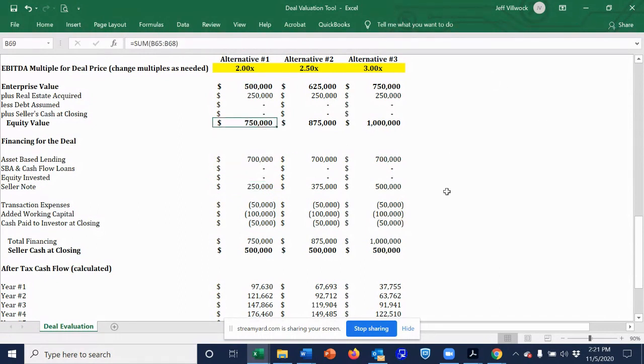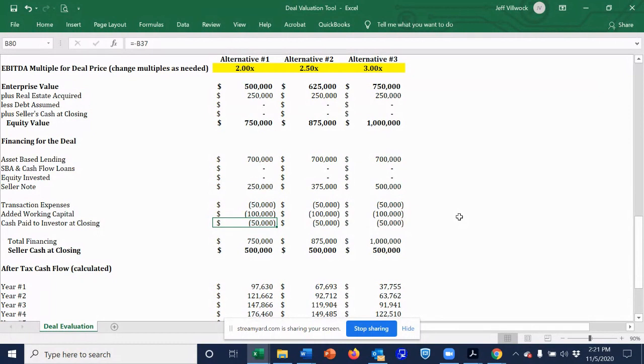If I'm buying the business for $750, I'm borrowing $700. There's only $50 left. How come the note's got to be $250? Yeah. Because you have $50,000 in transaction expenses. You're putting $100,000 in cash on the balance sheet, and you're paying yourself $50,000.